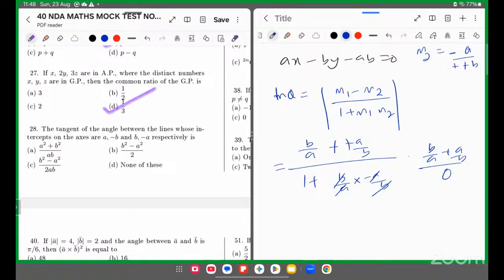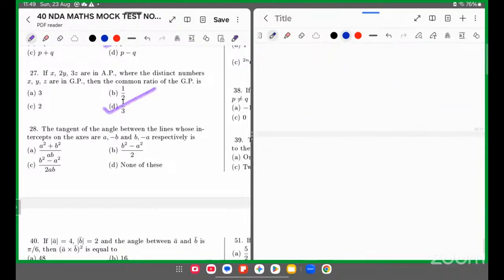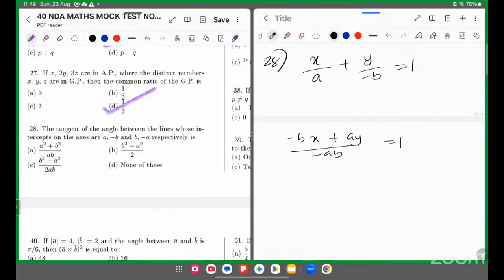Question 28, solve once again. x by a plus y by minus b equal to 1. So minus bx plus ay by minus ab equal to 1.